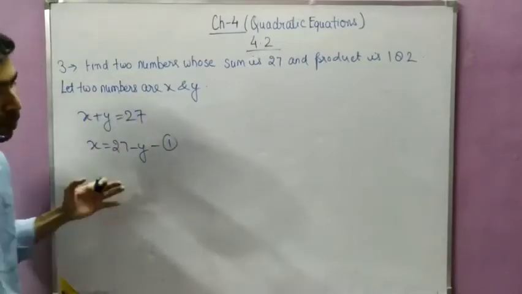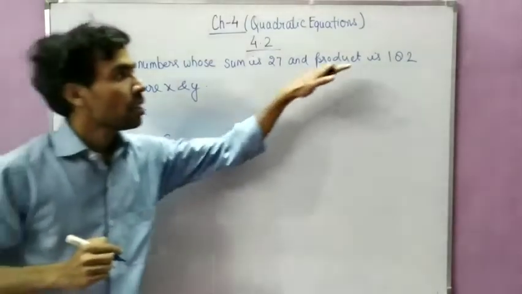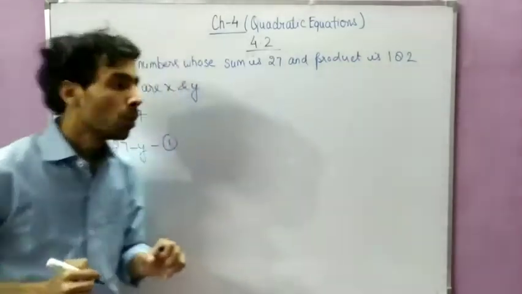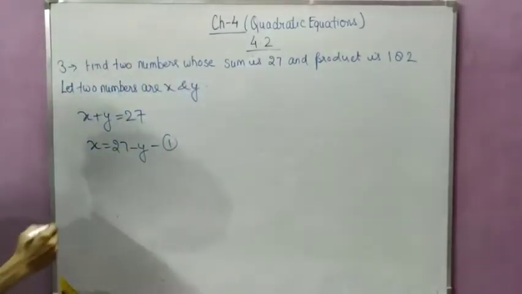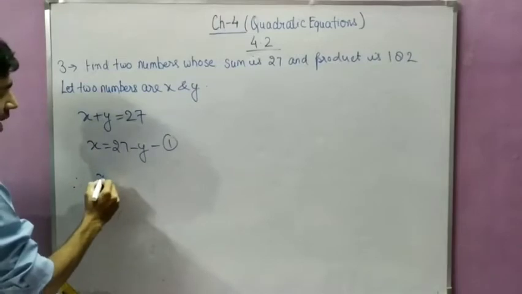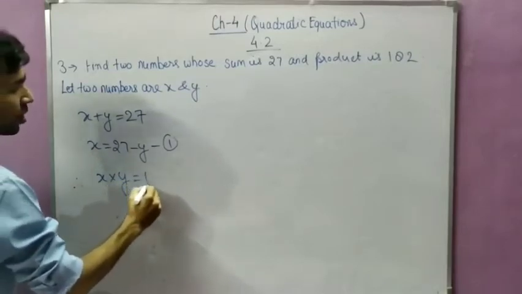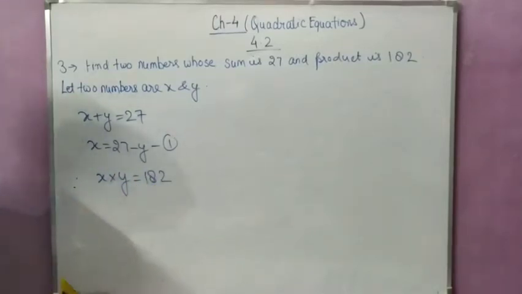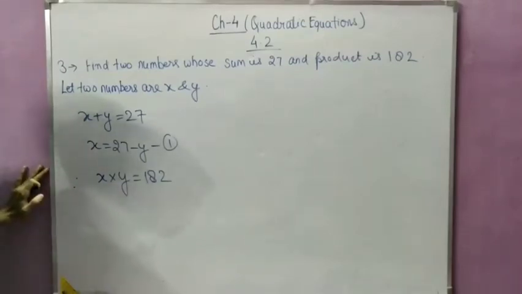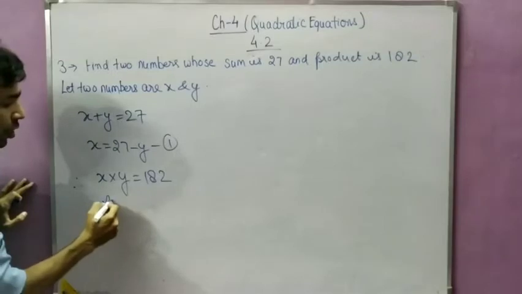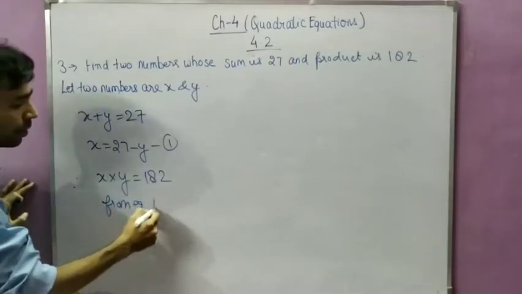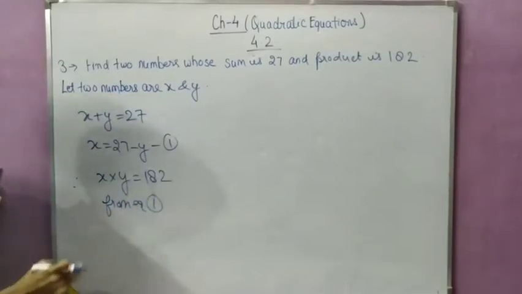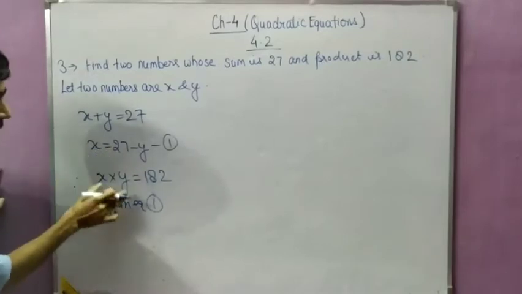Now the first part is over. Second part, their product is 182. Product means their multiplication, so x into y is 182.